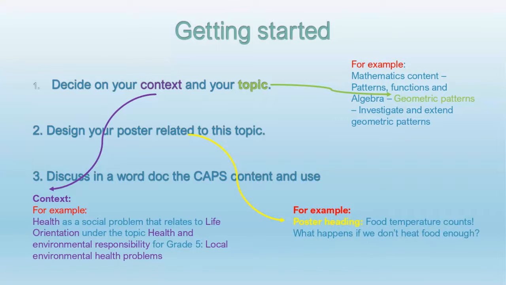The poster related to the topic, your heading will be food temperature. That is the example from your POE ICE task. The heading was food temperature counts, and then it had a subheading, what happens if we don't heat food enough?